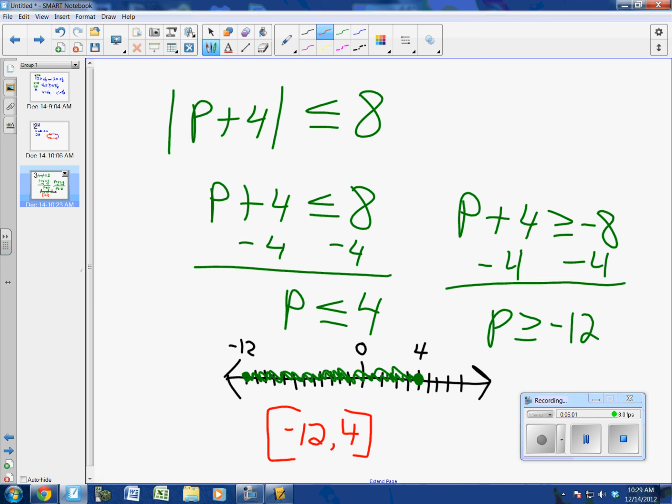It includes those numbers, right? You guys, let me tell you this. Anytime you have a less than sign right here, it's going to be an and statement. Write that down. A less than absolute value inequality is going to be an and statement. Okay? We got that?